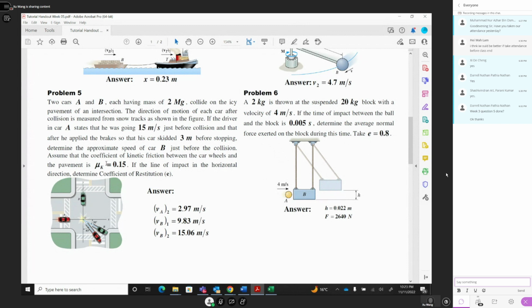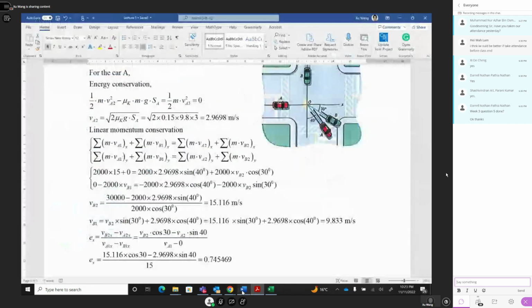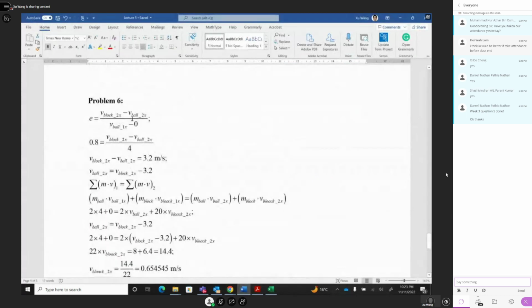Because we have to use the definition. What is the definition of the coefficient of restitution? Okay, and then we start from here. So the definition is: after impact, the block's horizontal velocity minus the ball's after-impact velocity, divided by the ball's horizontal velocity minus the before-impact block velocity, which is equal to 0.